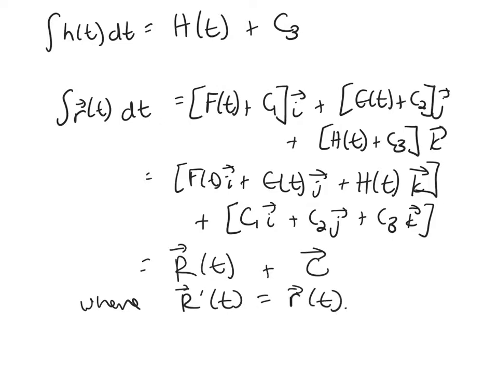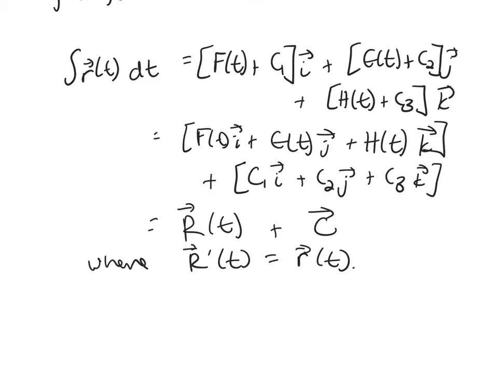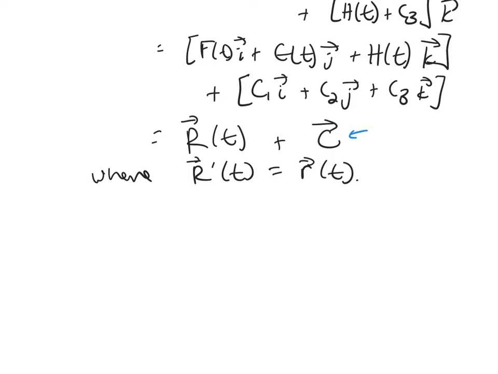So before, when you integrate, you always get a plus c. But with vector valued functions, you just don't get plus a scalar. Now it's plus a vector. That's your constant now. So let's go over this with a problem real fast.